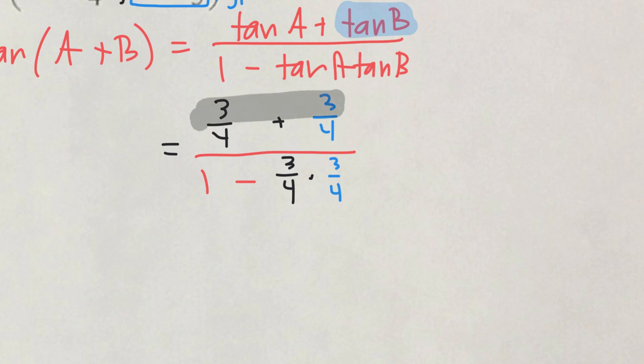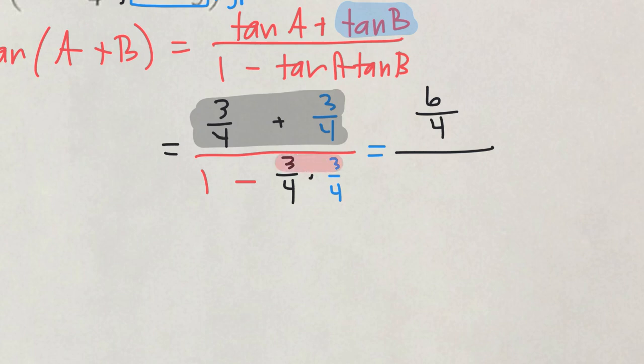So on our numerator, what is 3/4 plus 3/4? 6/4. 3 plus 3 is 6 over the same denominator 4. When we're adding fractions, the denominators have to be the same, and we only add numerators. And then in the denominator, I have multiplication.